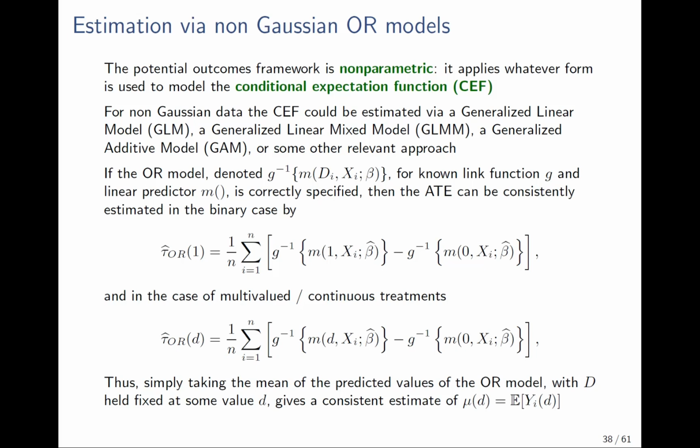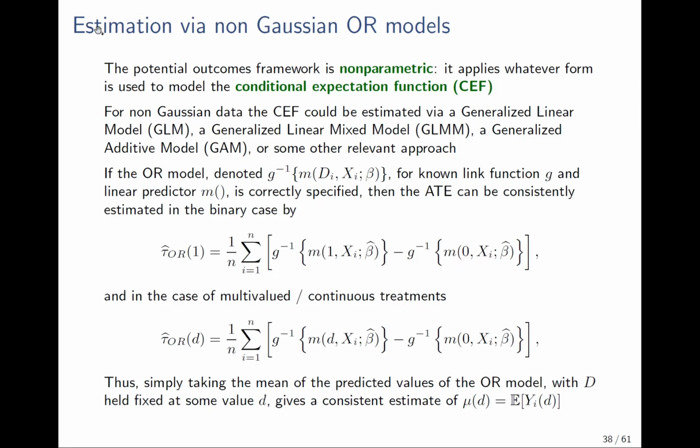So for non-Gaussian data, the function could be estimated via a generalized linear model, a generalized linear mixed model, a GAM, a semi-parametric model, or all of the other approaches that we've looked at in the course. And it's exactly the same principle.